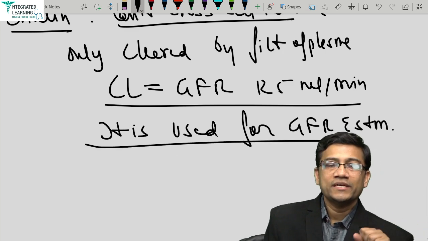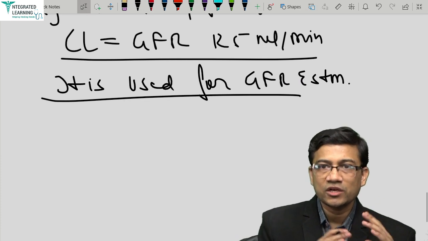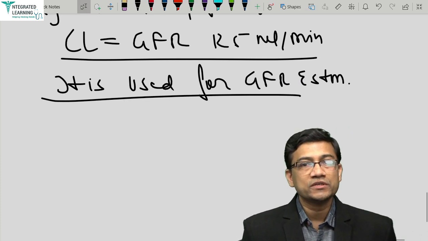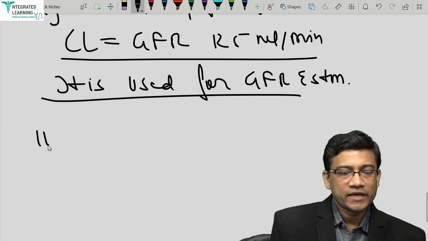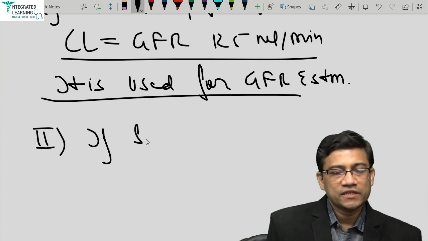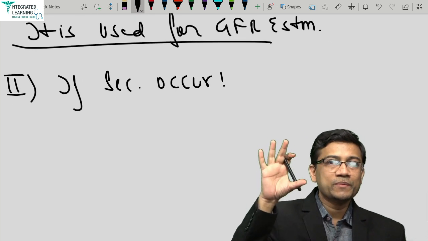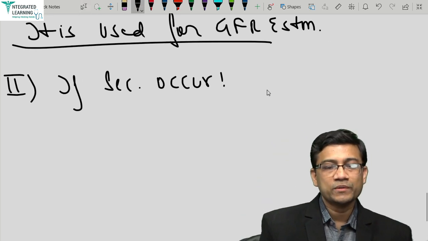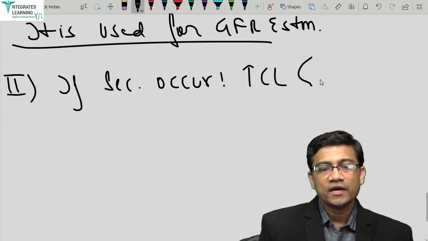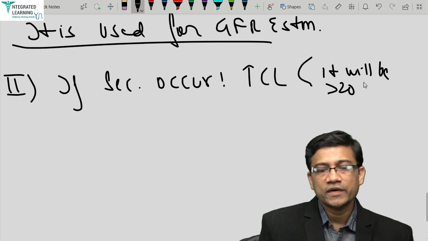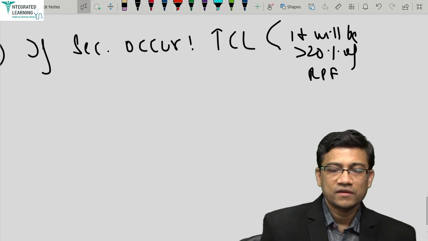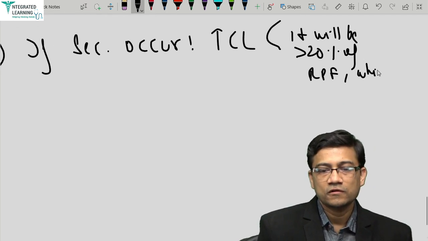Fine. So, why is it used for GFR estimation? Because it is neither secreted nor reabsorbed, only cleared by what process? Filtration. Okay. Second dictum: if secretion occurs, as I told you, if you secrete, you can clear more than 20% of RPF, which is GFR.